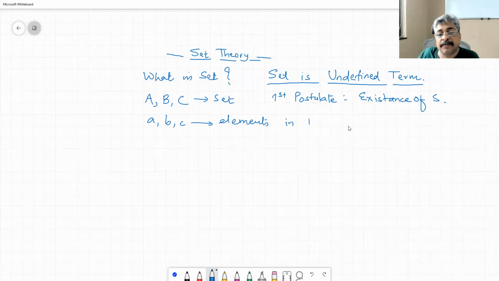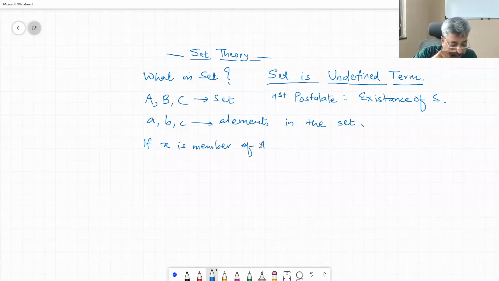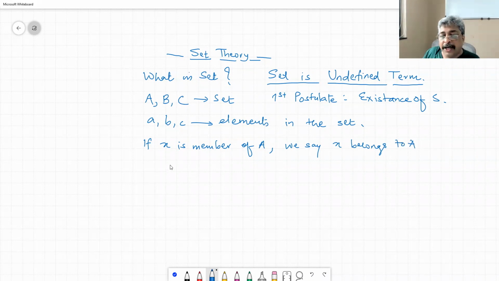So if x is a member of A, we say x belongs to A. We write in English because we don't want to write such a long statement every time.